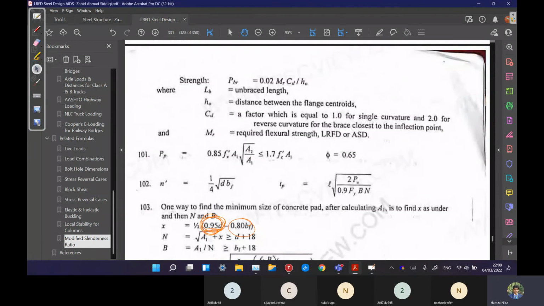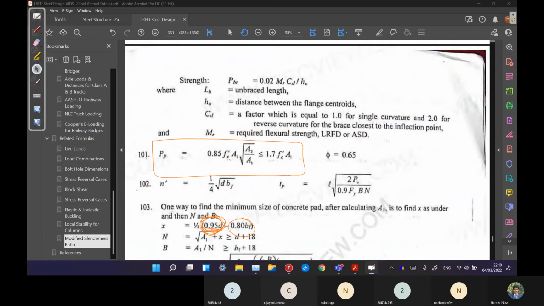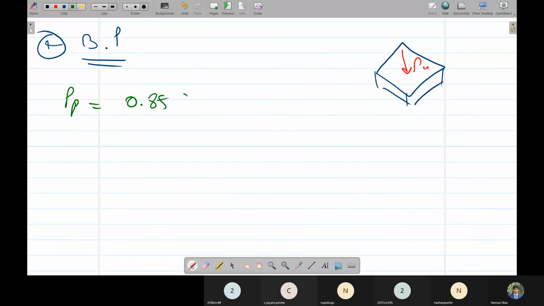So the formula for Pp is given here. Pp is equal to 0.85 fc' A1 times root of A2 over A1, just like in the column design.